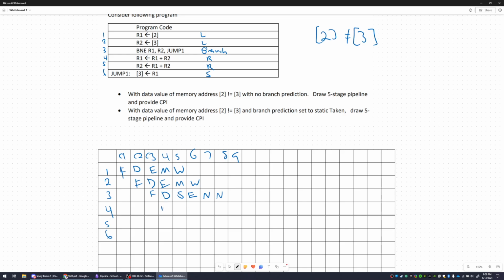These two lines, line 4 will be fetched. And then the stall. After the exec, does it get flushed here or does it get flushed here? I think it's decoded here and then flushed, right?